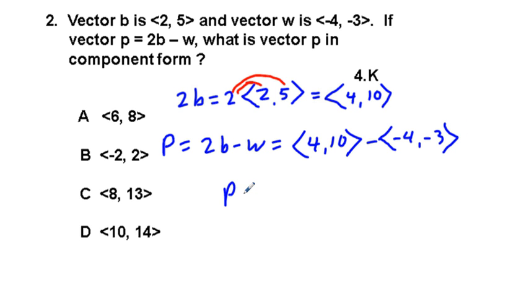So P equals, we're going to take 4 minus -4, a little integer arithmetic, so we get 8, and then 10 minus -3 will be 13. So that gives us our answer choice C.